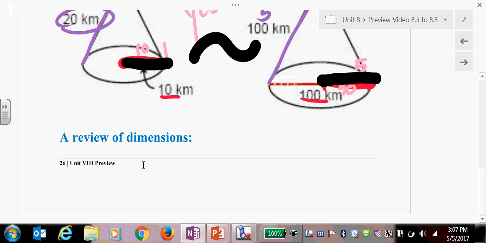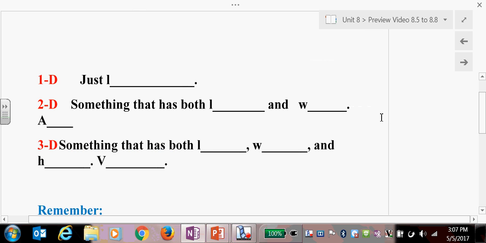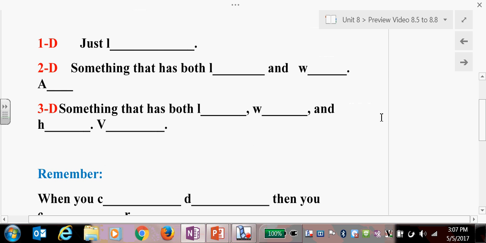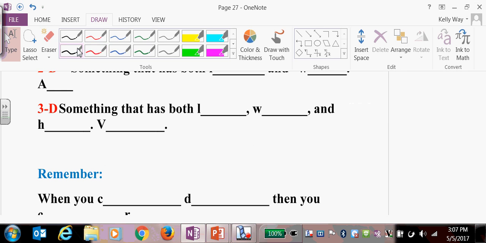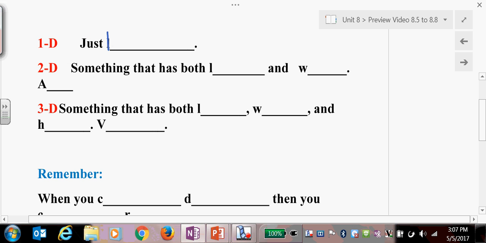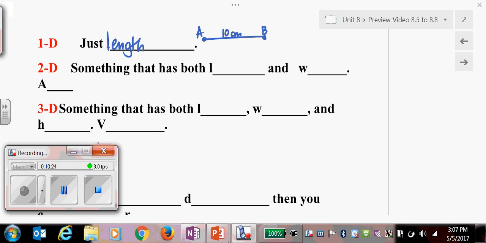Now, before we go on to our next concept, we need to review dimensions. The first dimension is something that just has length. That would be like a segment. If I said AB is 10 centimeters in length, that would be one dimension.